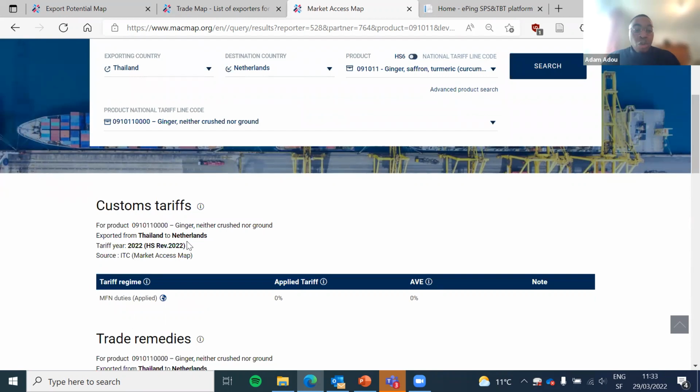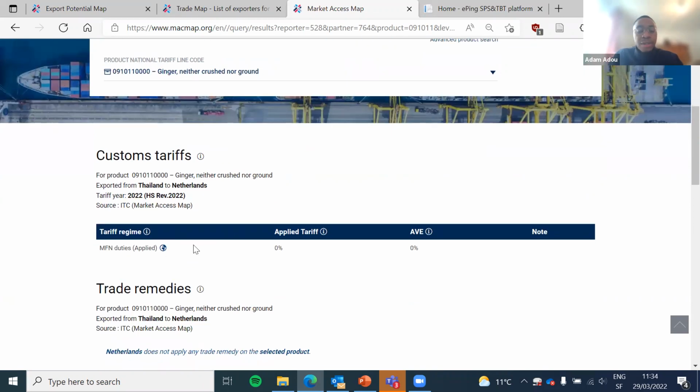So as I said, in one search, you will be able to find all kinds of market access information, starting with customs tariffs. So in here, when exporting ginger to the Netherlands, we see that the tariff applied is the MFN tariff, the most favored nation tariff applied for all the WTO members if they comply with the regulatory requirements, export-import requirements when exporting ginger to those countries.